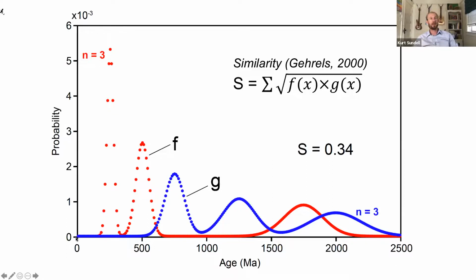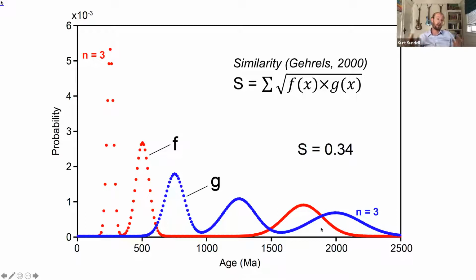I'm going to take every point along F and every point along G and multiply their y-axis values against one another and take the square root of that value. So for F and G right here, you take those y values and multiply F by G, take the square root, and that's actually a geometric mean, and sum all of those together, and that will give you a value between 0 and 1.